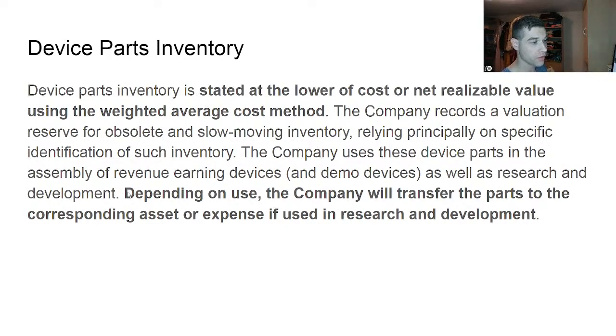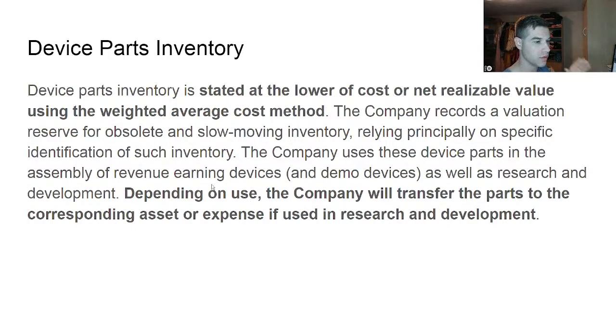And they also explain here that depending on how they end up using that inventory, they will transfer the parts to the corresponding asset, or to an expense if they use it for R&D, right? If they're actually using it in R&D when they're prototyping devices, whatever. Today we are not going to discuss any of that.